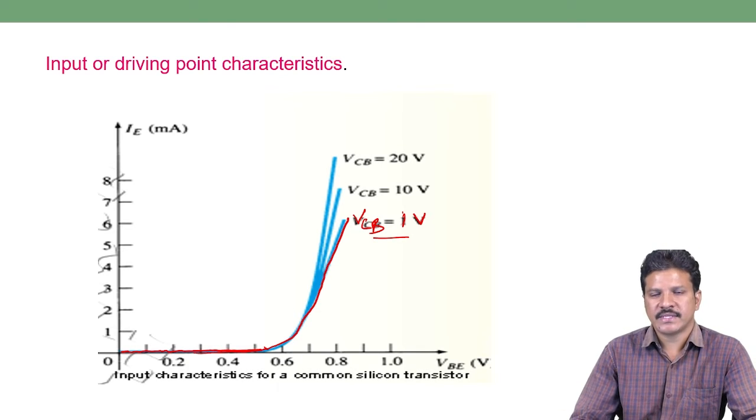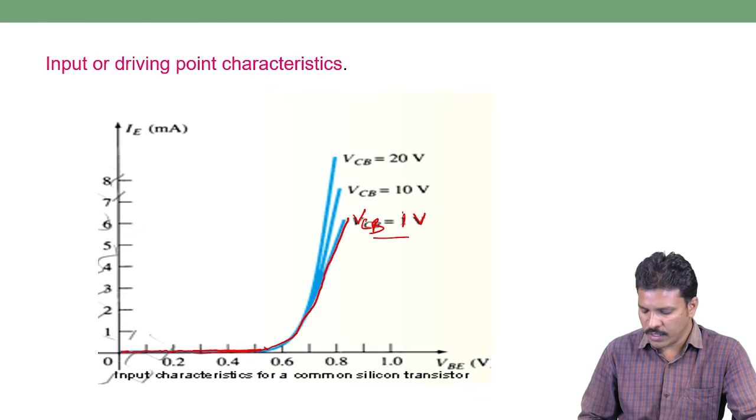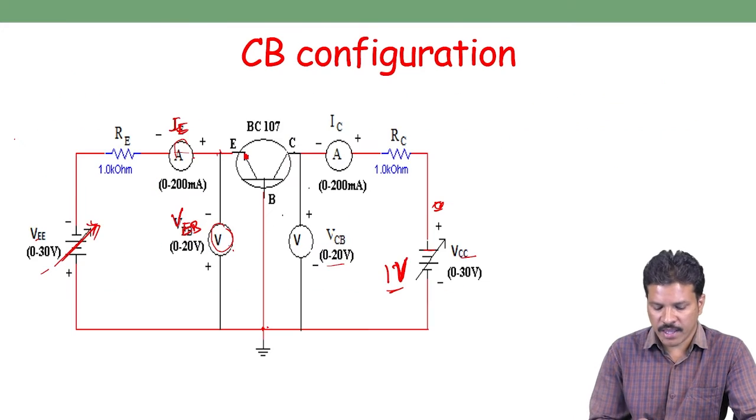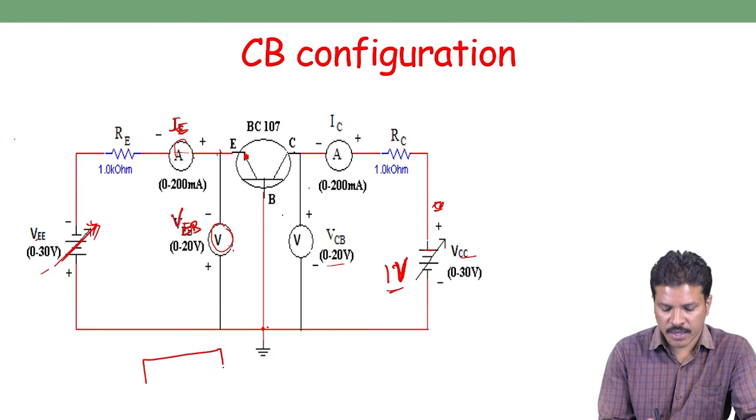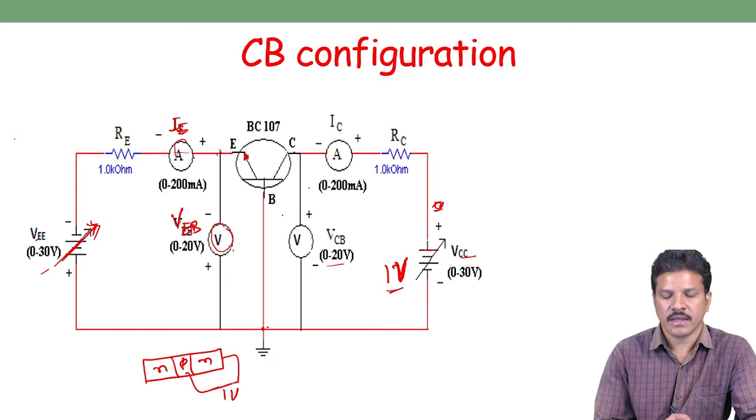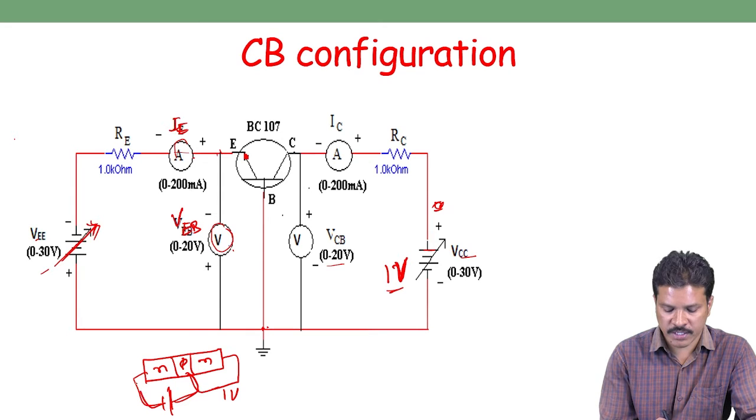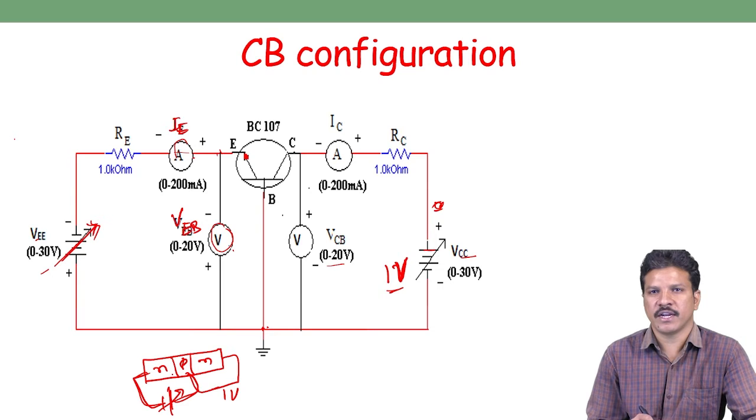What is the similarity of this graph with the PN junction diode? If it is an NPN transistor, with the output side fixed at 1 volt and the input voltage varied, plus is connected to P type and minus to N type, which is simply a forward bias connection at the input side.